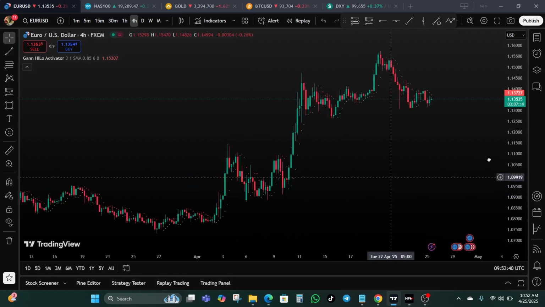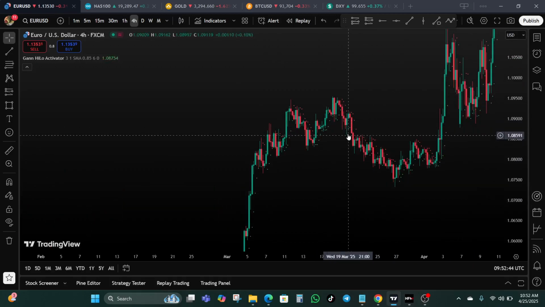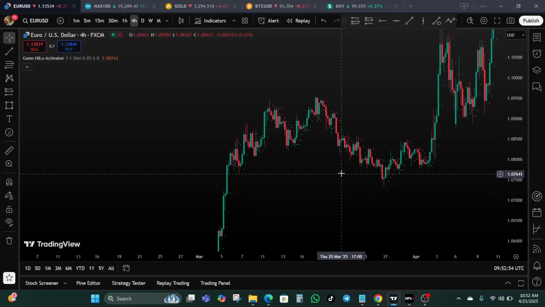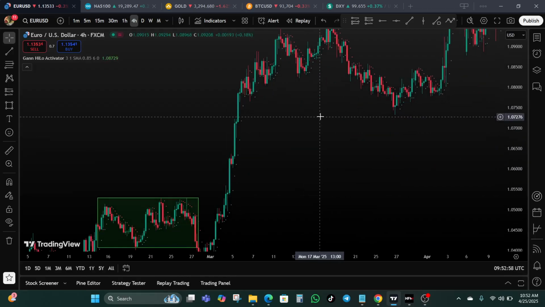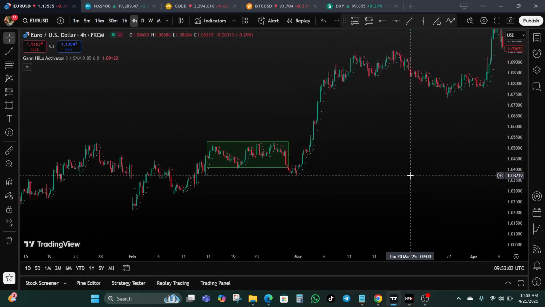But if the trend is down and price treats the Gann HiLo as resistance, stay short. Remain in your sell trade. It's that simple. So you want to follow the trend. You want to stay in line with the trend. You want to trade in line with the trend to be on the safer side.